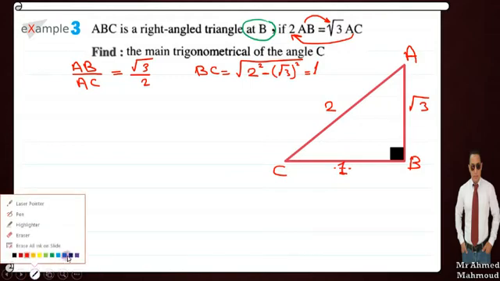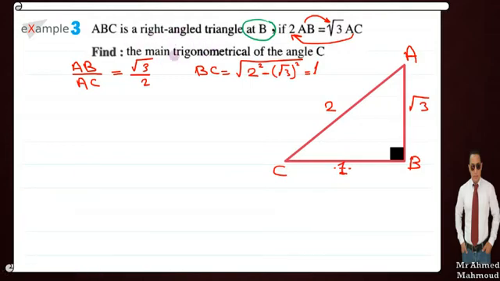Now the required is to find the trigonometrical ratios of angle C. Okay, to find the trigonometrical ratios of angle C, I need sine C, cosine C, and tan C. Don't forget SOH CAH TOA.